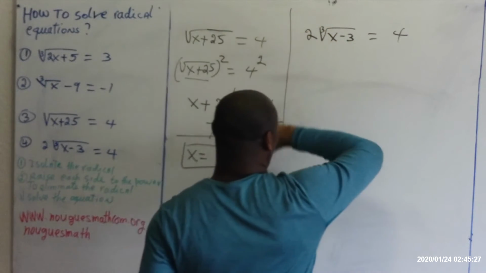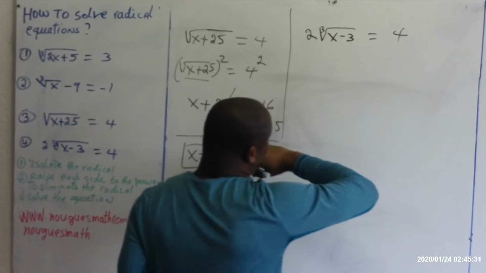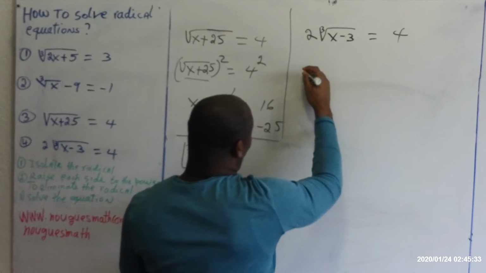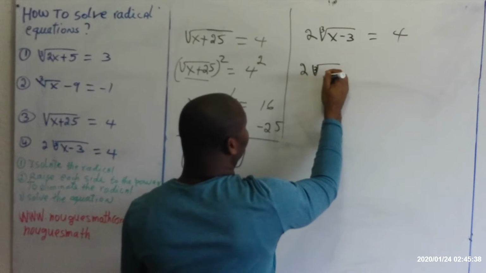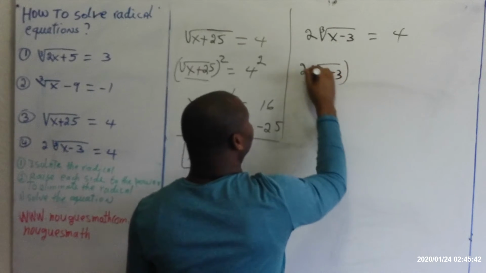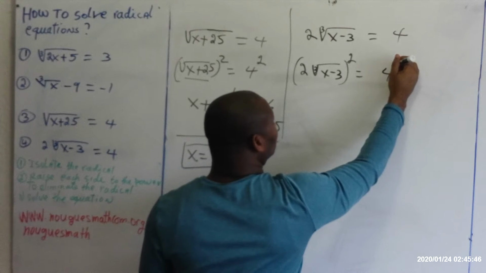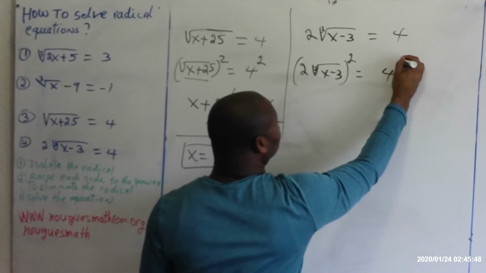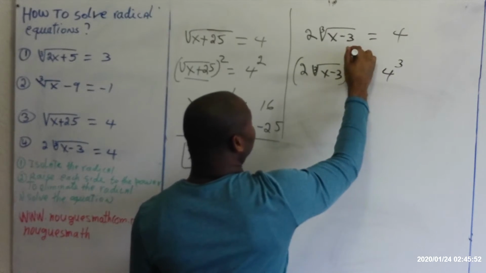Do not panic. Okay. The 2 is not going to give us problems. So let's raise them. Okay, it's 2 power 3. So that's going to be 3, that's 3 right there.